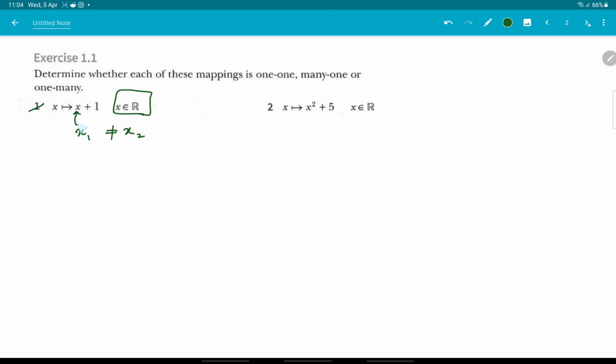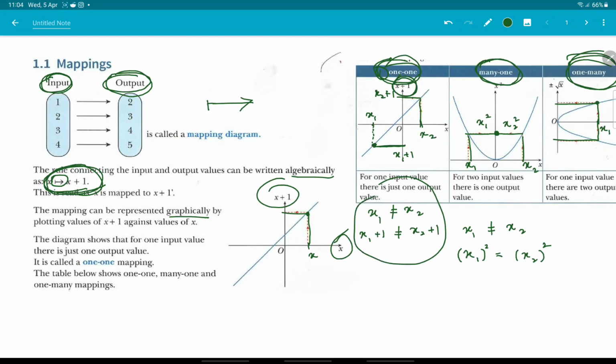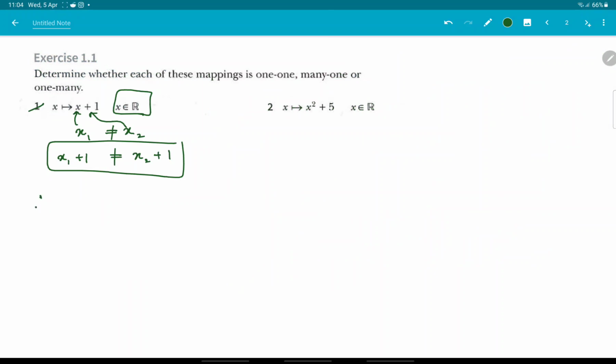If I substitute into this relation, we will get x1 plus 1 and x2 plus 1. Therefore it satisfies the definition of one-to-one. So x is mapped onto x plus 1 is a one-to-one relation.